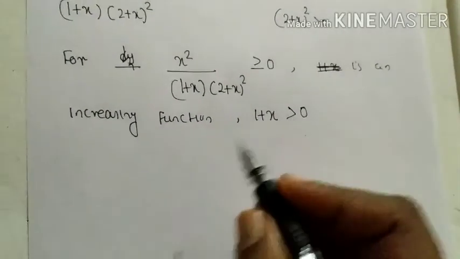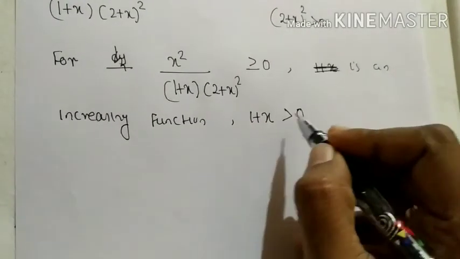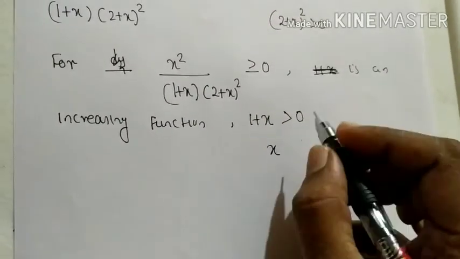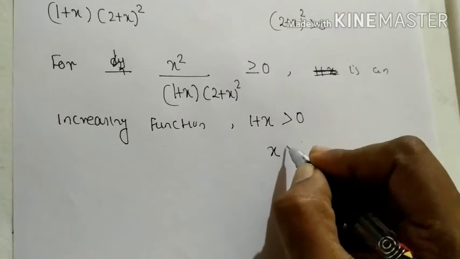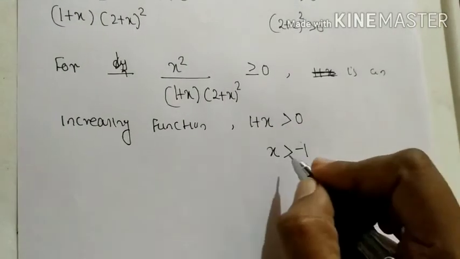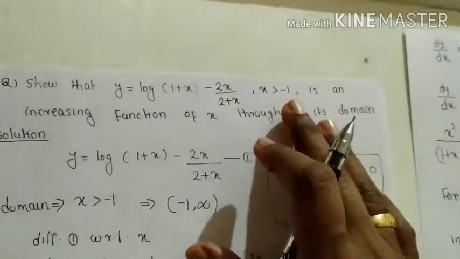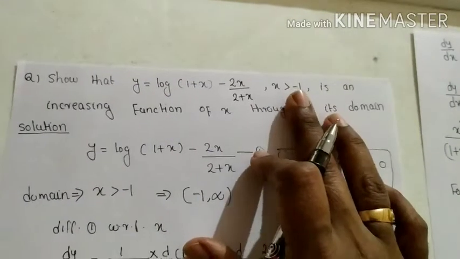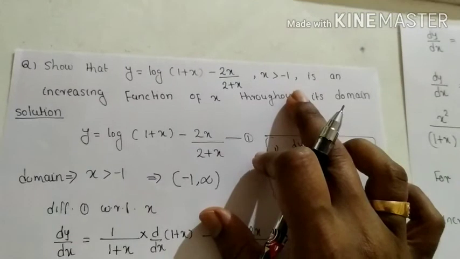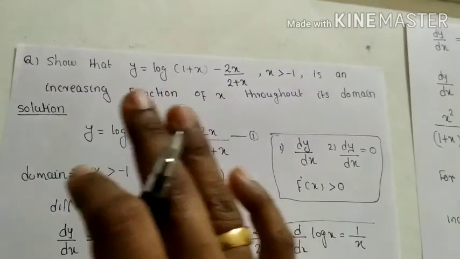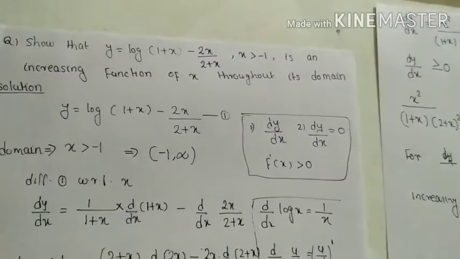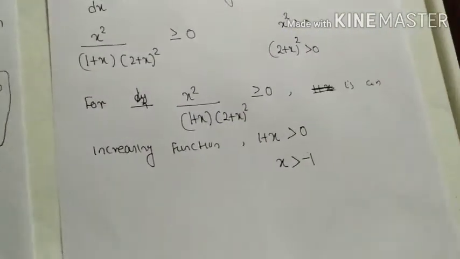If 1 plus x is greater than 0, taking the 1 to the RHS, we get x greater than minus 1. x greater than minus 1 is the given domain. So that's what we have shown, that our function is an increasing function of x throughout its domain. Okay, I hope you understood.